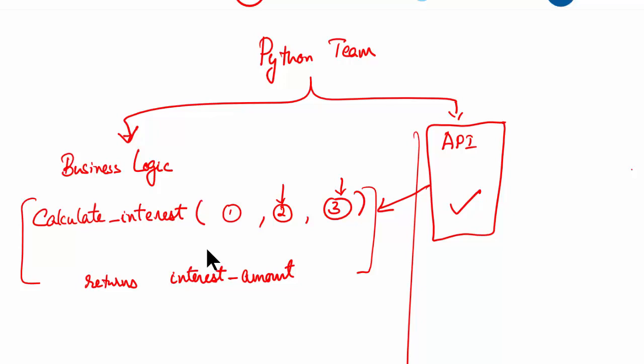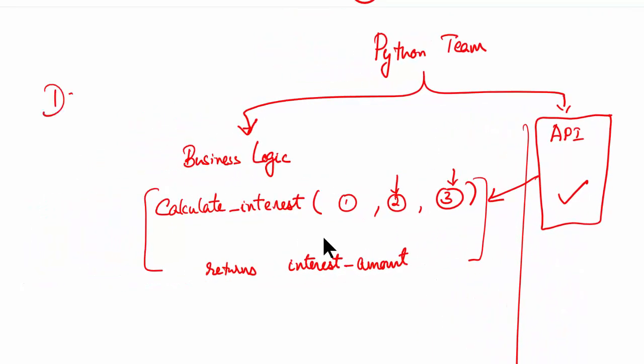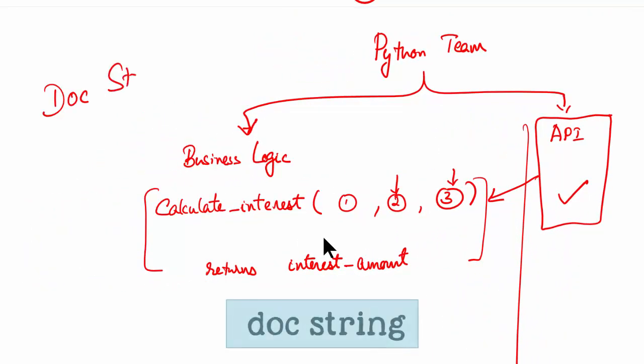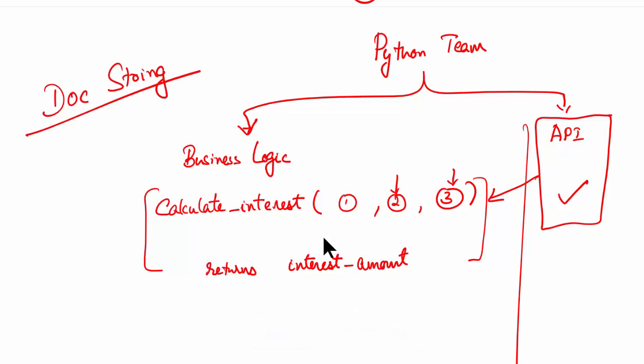One quick way is to use something called a docstring. It is basically documentation, a very quick documentation that the Python programmer who has written this function can provide to the user of this function. There are other ways to do it, like actual Python documentation provided in a PDF or on a web page.